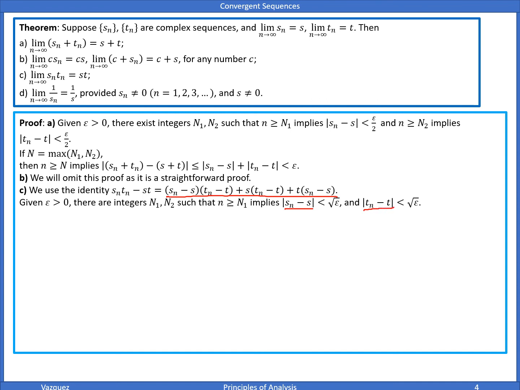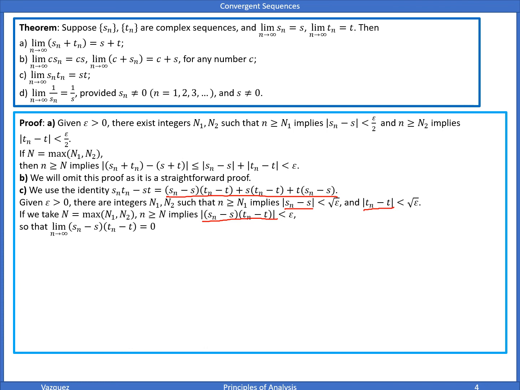Same thing with T sub n minus T. The sequence gets arbitrarily close to its limit, in fact less than the square root of epsilon. So if we take the max and set it equal to n, using our identity, we just get this, which, again, you should probably verify.